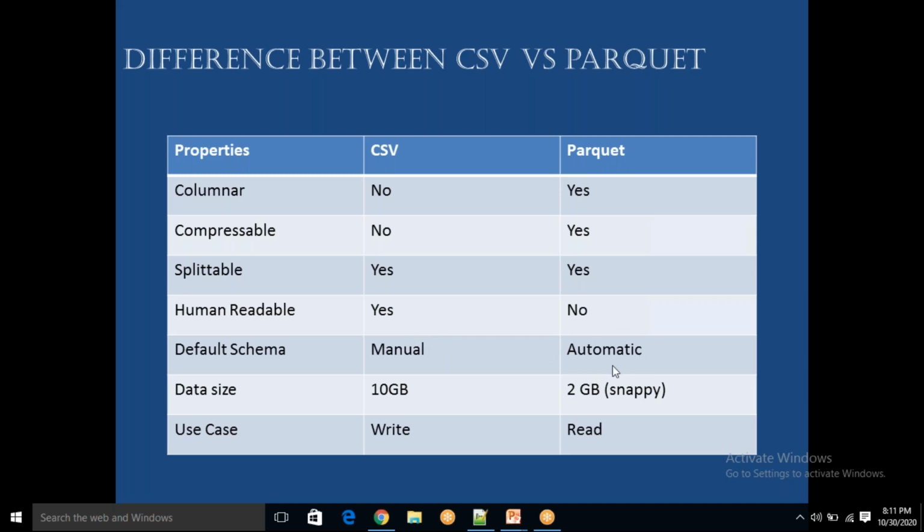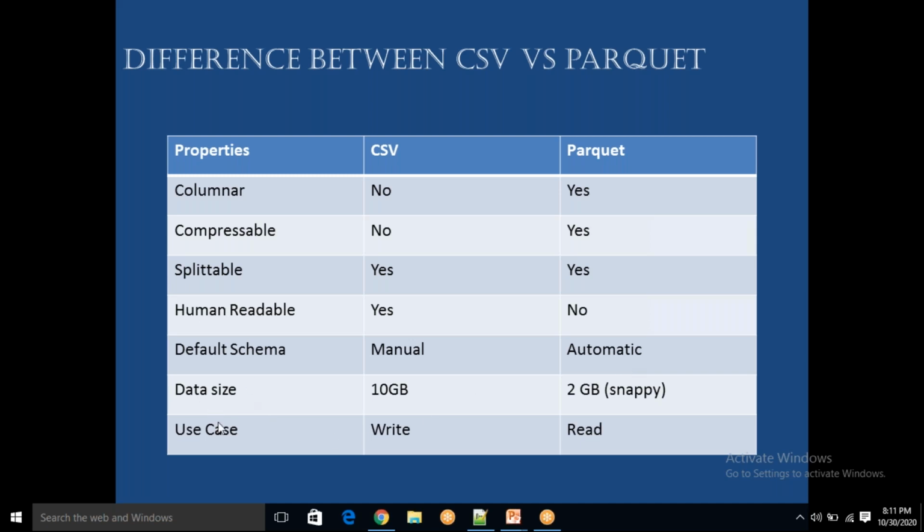But when it comes to Parquet, it's automatic. You don't need to say inferSchema and all those things. When you simply read it, it is going to identify the headers and the data types automatically.